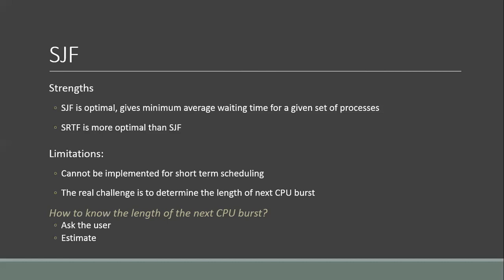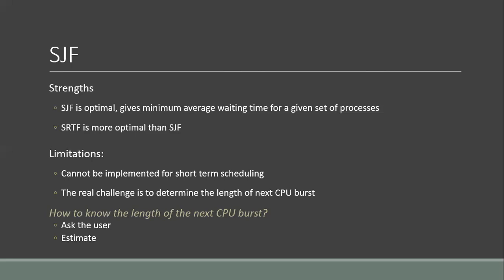The second approach is to estimate the next CPU burst length. So what we do in this estimation approach, we try to approximate the SJF scheduling. We expect that the next CPU burst will be similar in length to the previous ones because, as I said earlier, process execution alternates between a cycle of CPU burst and IO burst.